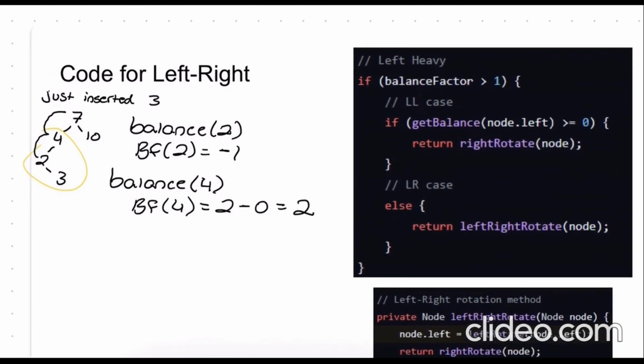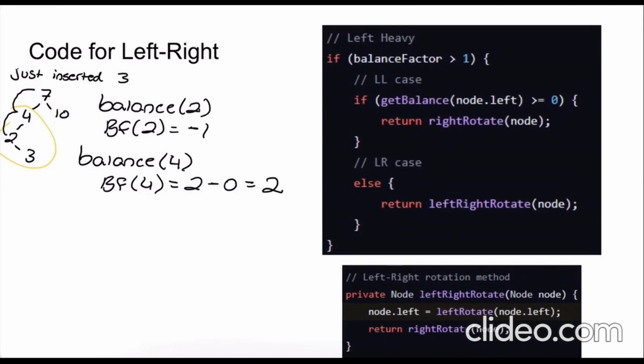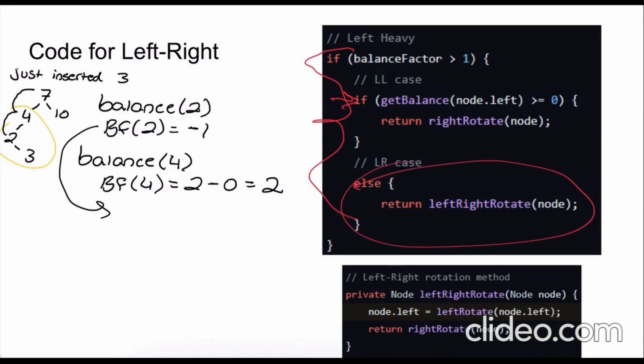The balance factor is 2. So now we get into this if statement because the balance factor is greater than 1. And we check the balance factor of 4's left node, which is 2. And we already said that that is -1. So now we perform a left-right rotation on 4.